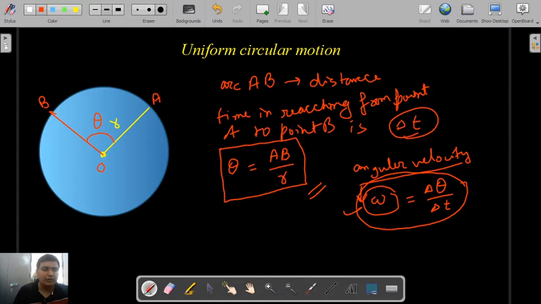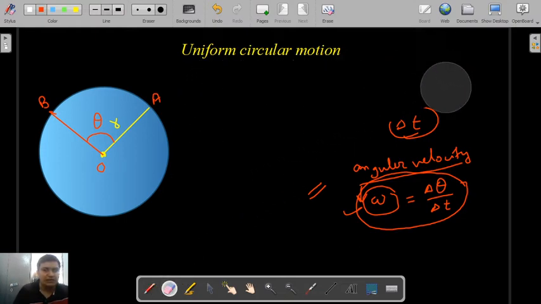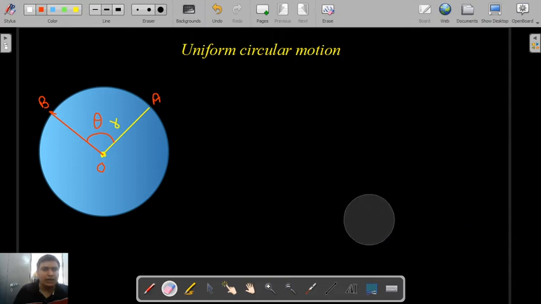So here the uniform circular motion is representing in some criteria. So what was the definition of uniform circular motion?